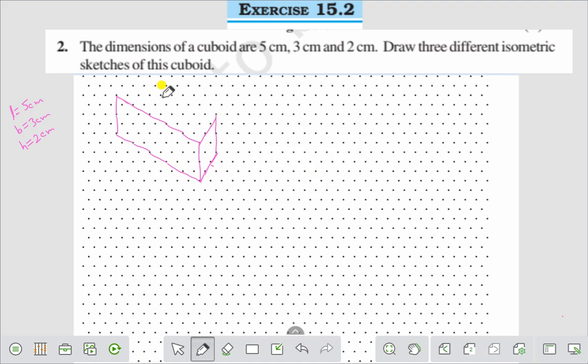Now let us take this one as 3 unit. That is 1, 2.